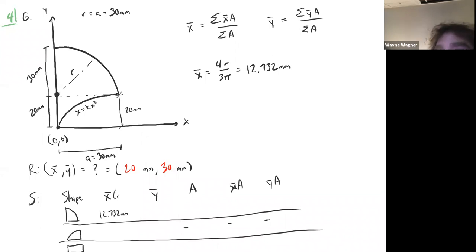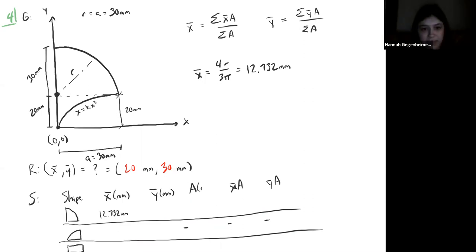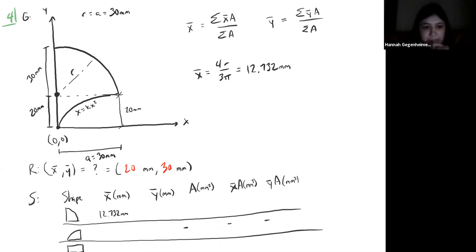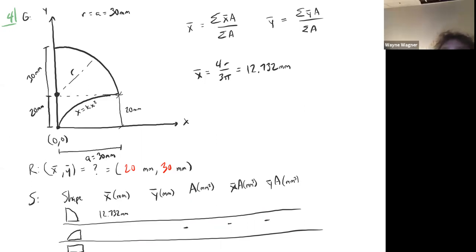Actually, let me put the units up here, but go ahead. What about the Y bar? It would be the same as X bar. So what am I writing down? 12.732. Wait, is it 12.732 from 0, 0?